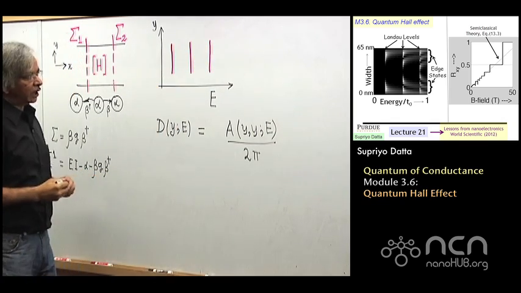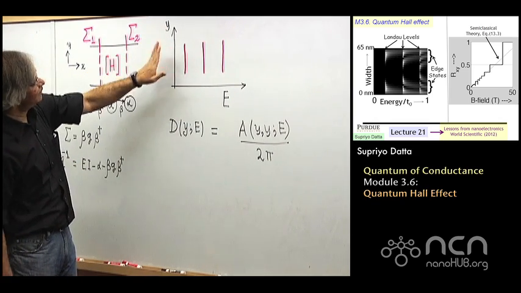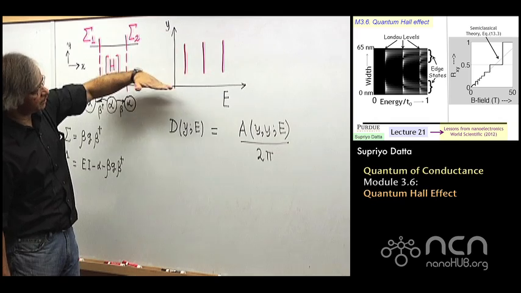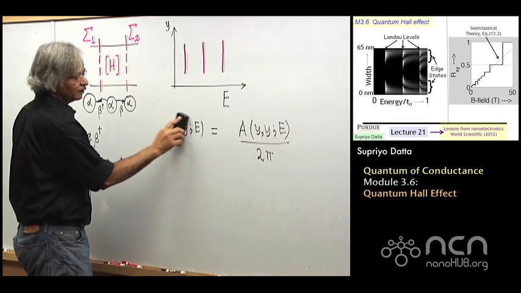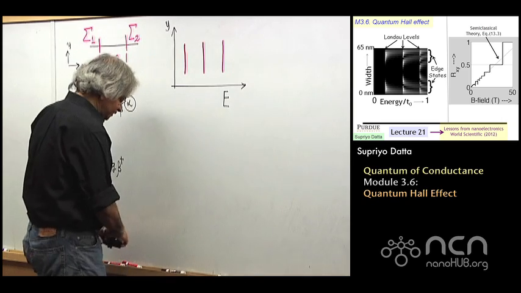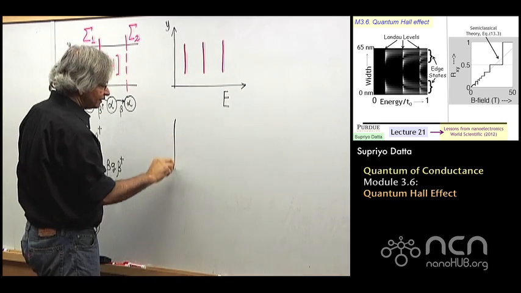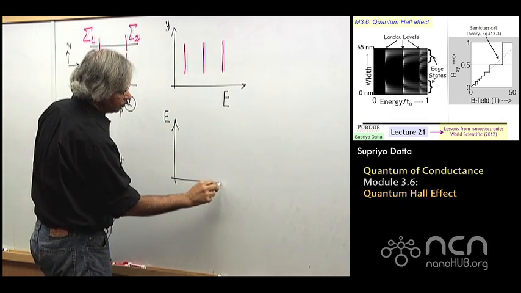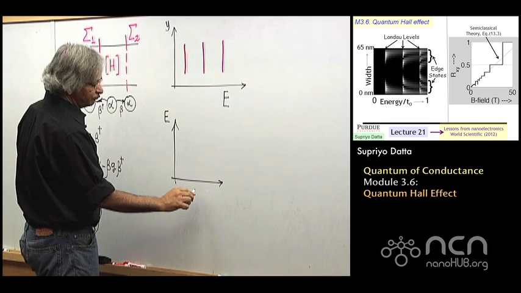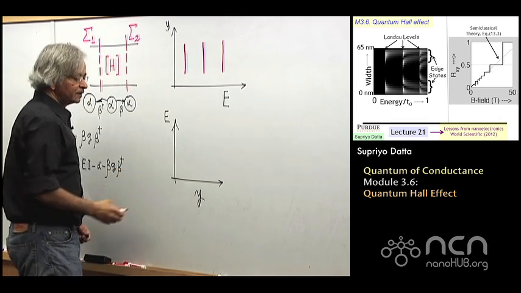Now, here of course I've drawn Y and E, because Y is along the width direction and the energy is along that direction. You may need a little adjustment because usually we have been drawing E in the vertical direction, and so from that point of view you would have wanted to draw Y along this direction.